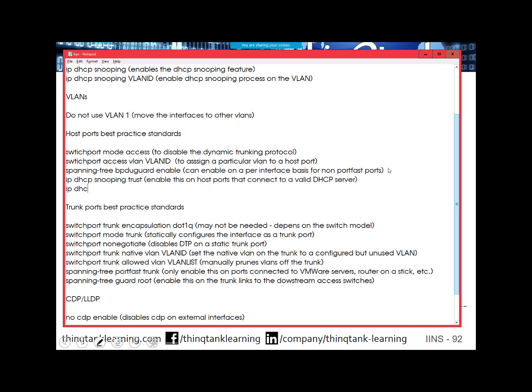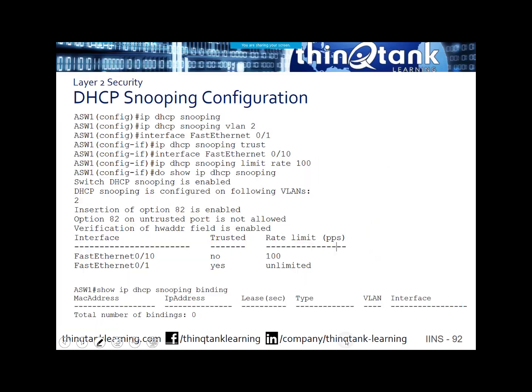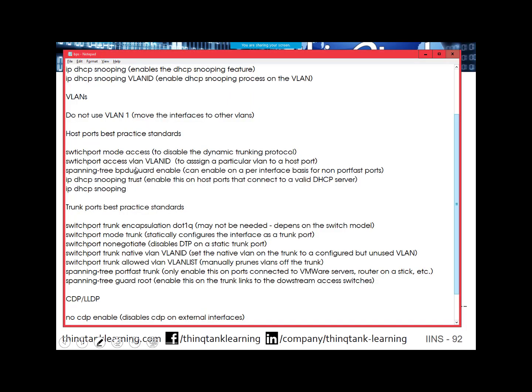And we would also do ip dhcp snooping, and we could do our rate limiting right here, limit rate to the number of packets per second. I'm actually probably not going to say 100. Even though Cisco recommends 100, I would even say 20 packets per second would be sufficient. There's really no reason that a client should be sending out 100 DHCP discover messages in a second.